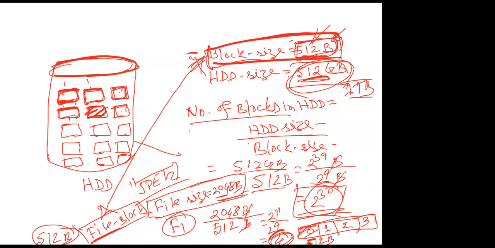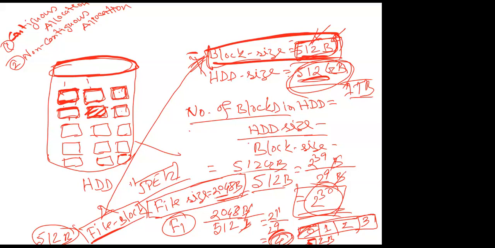One is contiguous file allocation, and another is non-contiguous allocation. These are the two methods. Keep in mind there are two methods for file allocation.